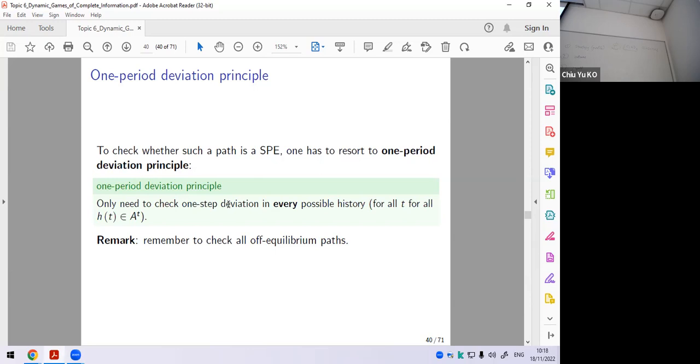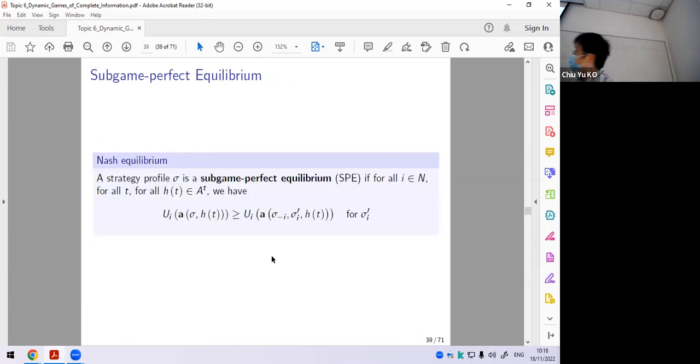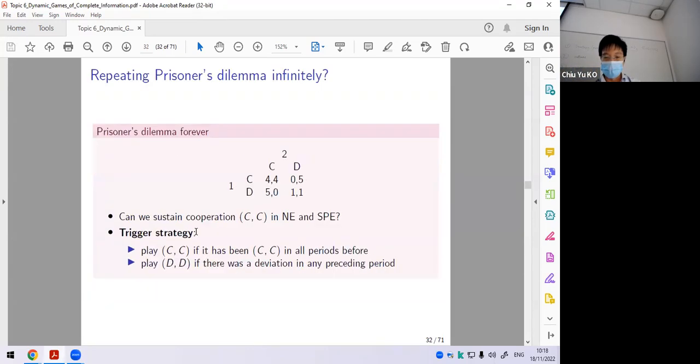So you reduce the checking of deviation a lot. What I mean is the following, right? If I propose a trigger strategy, for example, I only need to check if I want to change my strategy in the third period.